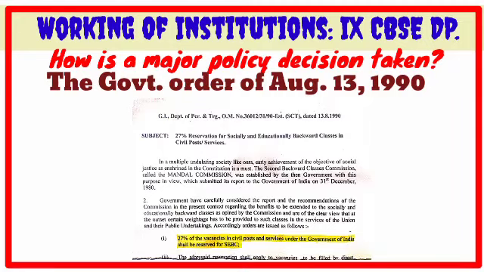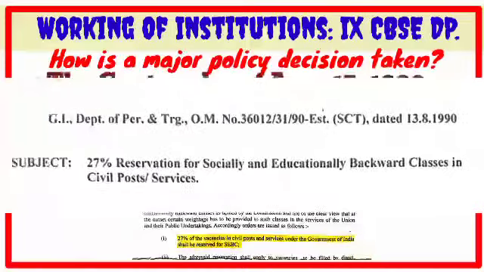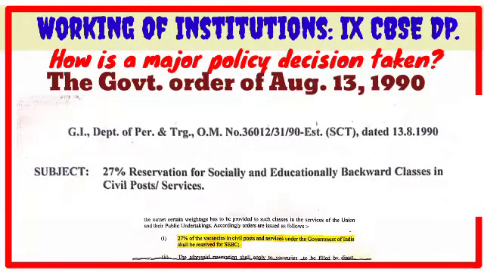It was dated August 13, 1990, it had a number as usual, and it was signed by an officer. It looked like an ordinary circular, but it was very important and became a source of controversy for several years. Let us see how the decision was taken and what happened later.